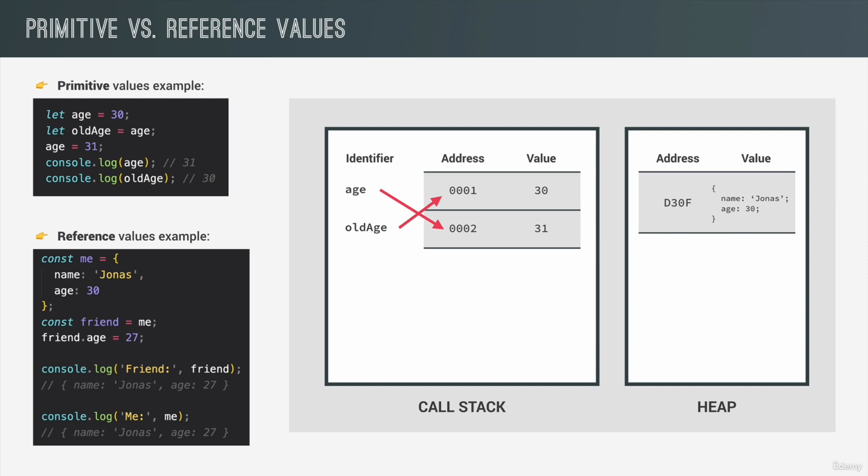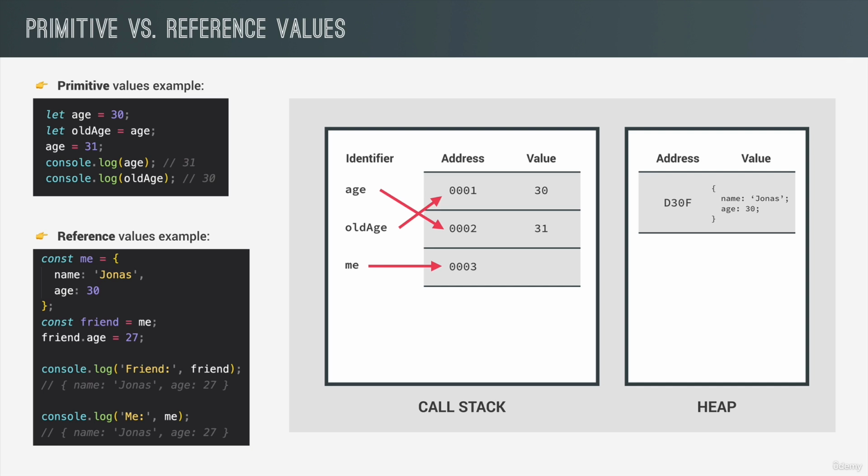Now, in the case of reference values like this me object, the me identifier does actually not point directly to this newly created memory address in the heap. So in this example, D30F. Instead, it will point to a new piece of memory that's created in the stack.